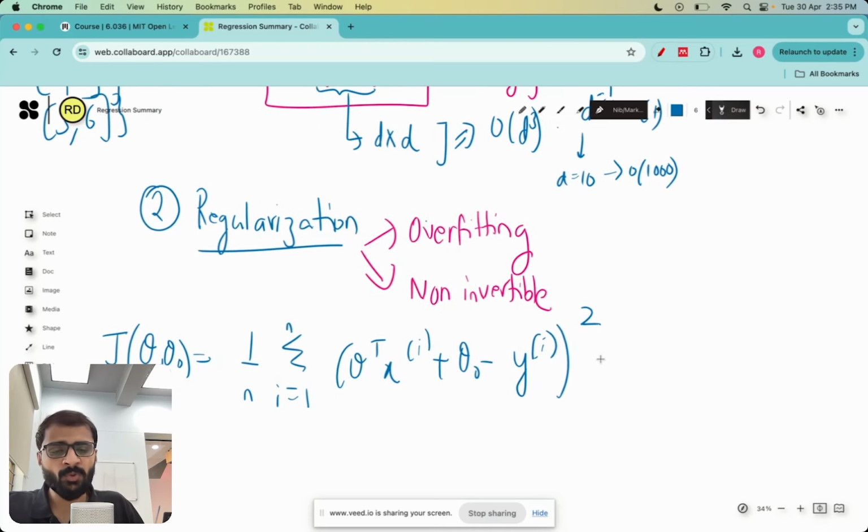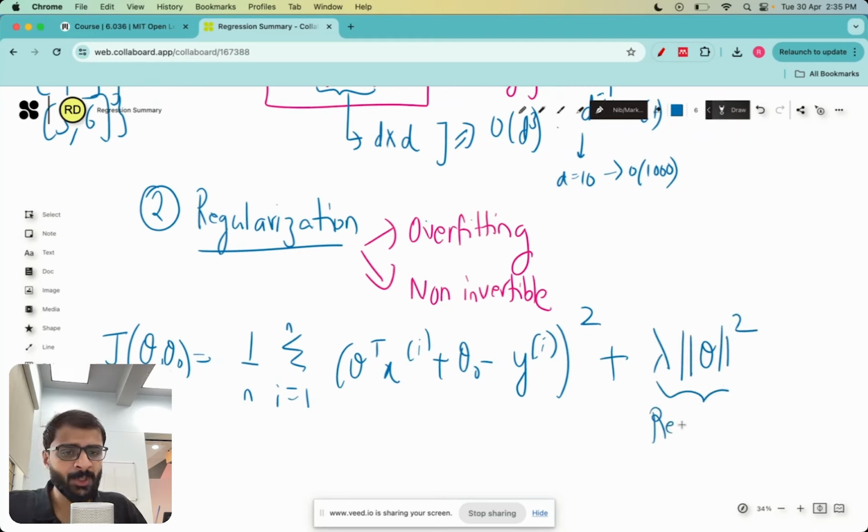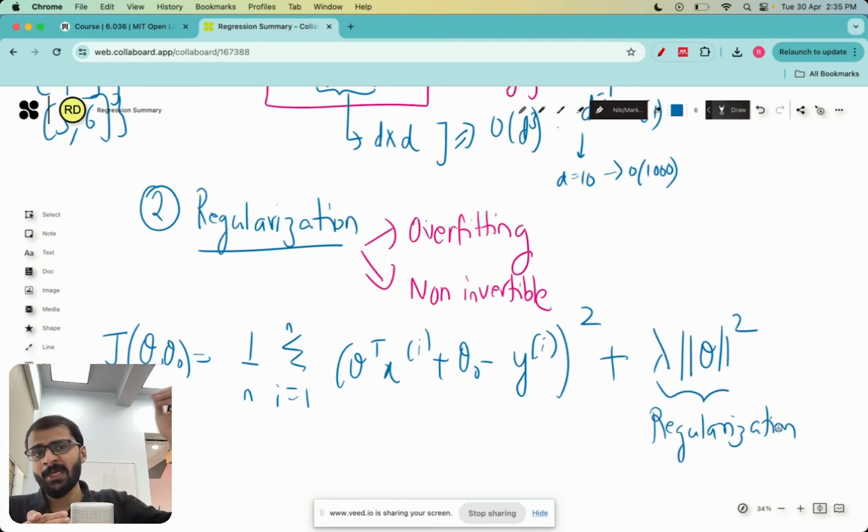It's the summation of the square loss plus this particular term, and this is called the regularization term. This is the term which actually makes all of the difference. What this term does is that it penalizes the magnitude of theta being too large. If the magnitude of theta is very large, it generally means that there are spikes in our hypothesis, and it means that our hypothesis might be overfitting the data.